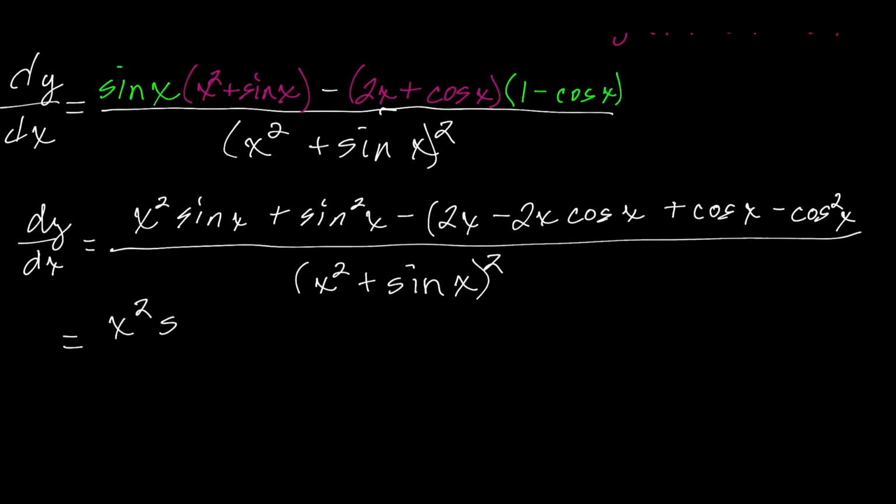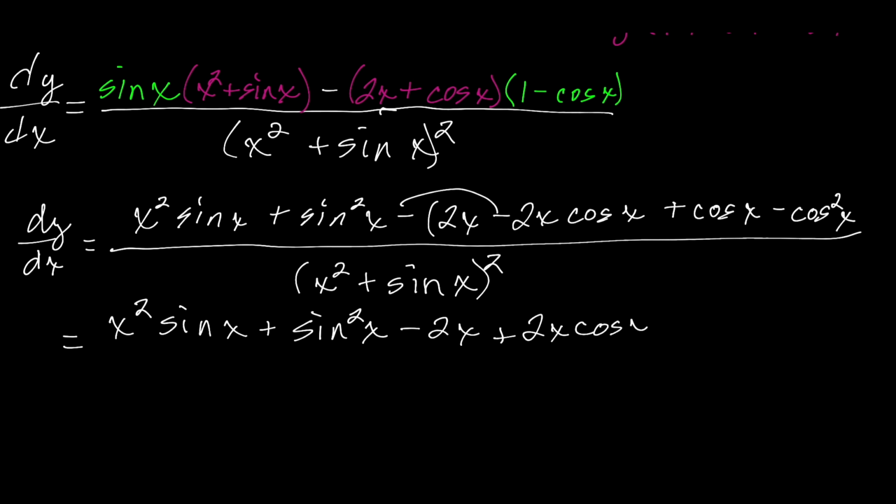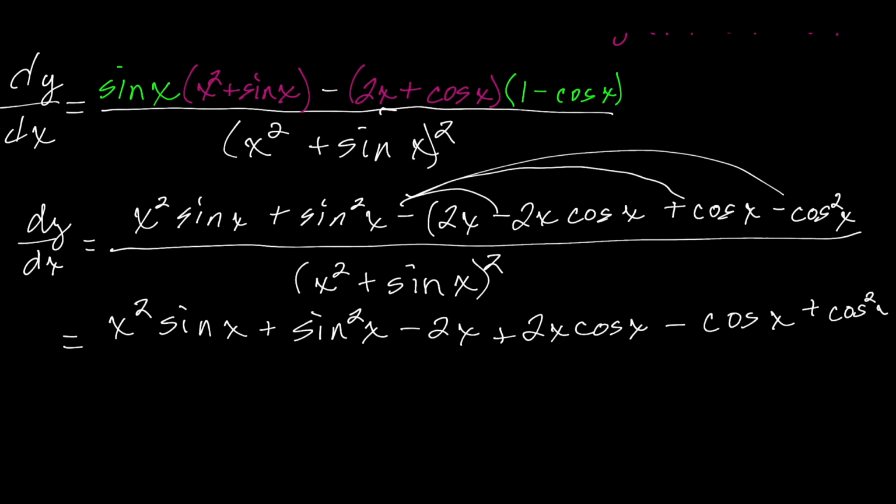All right, I'll start simplifying the top here a little bit. x squared sine x plus sine squared x minus 2x, minus minus is plus 2x cosine x, minus cosine x, plus, minus times plus, cosine squared x. And I had a hunch this was going to be going on.